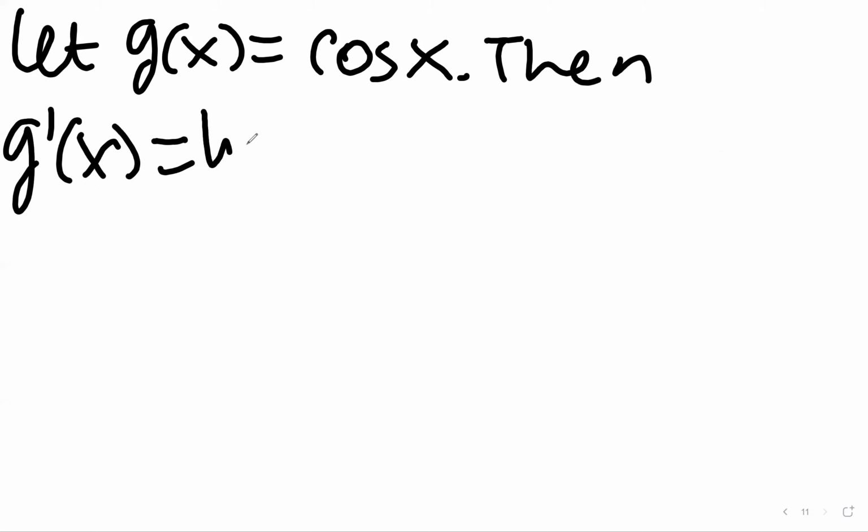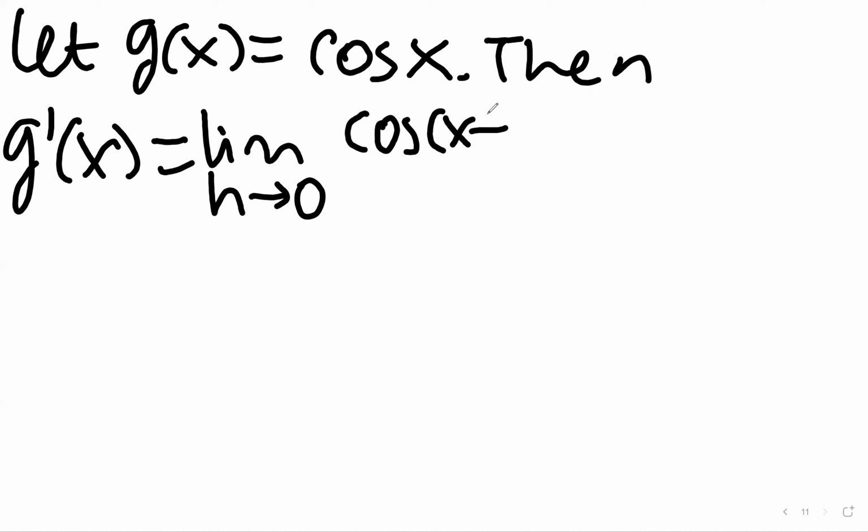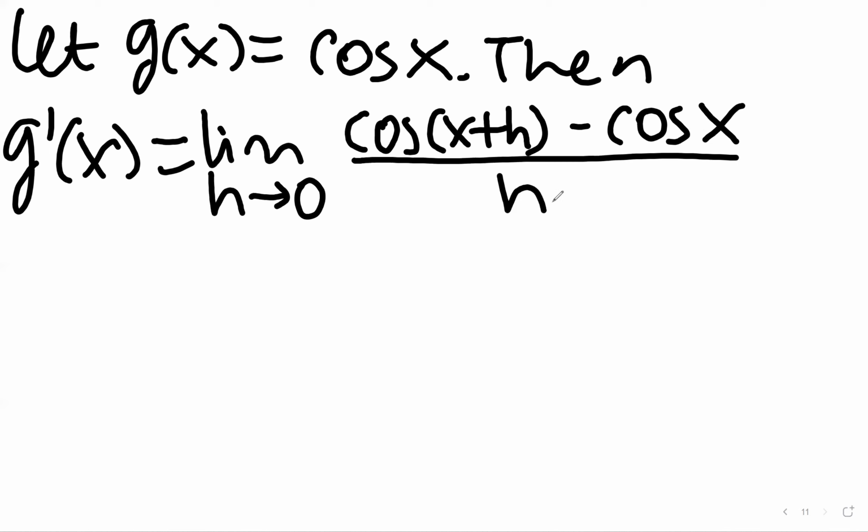Recall that the definition of the derivative says that g prime of x is the limit as h tends to 0 of g of x plus h minus g of x divided by h. Then I will have cosine of x plus h minus cosine of x divided by h.